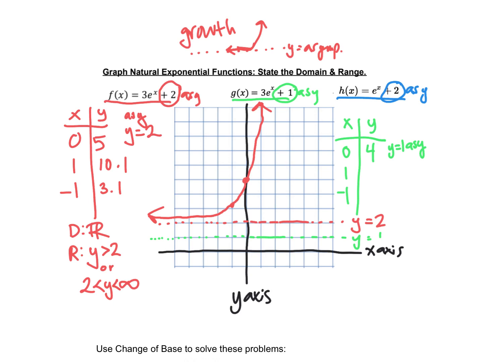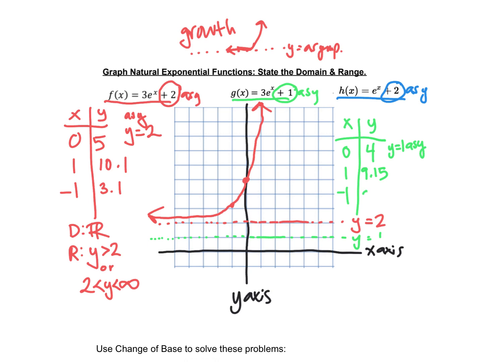Okay, I'm going to plug in 1. So 3 times e to the first power. E to the first power is just 2.71, blah, blah, blah. So 3 times that plus 1 gives us 9.15. And then I'll plug in negative 1. So 3 times e to the negative first power plus 1. Use my calculator for that.